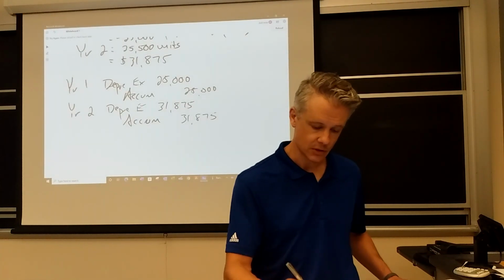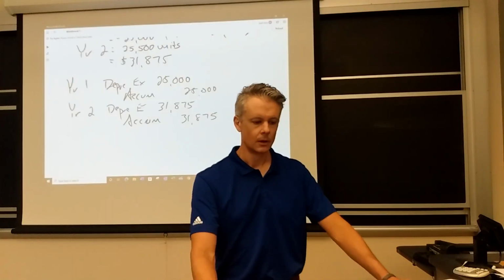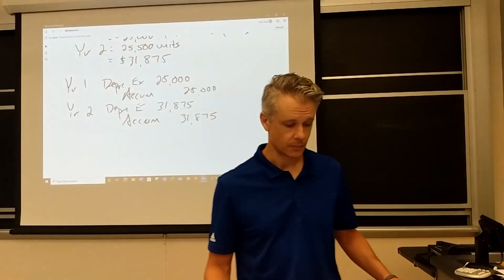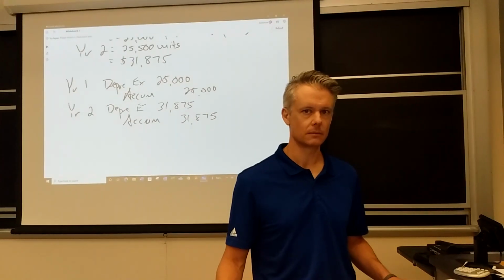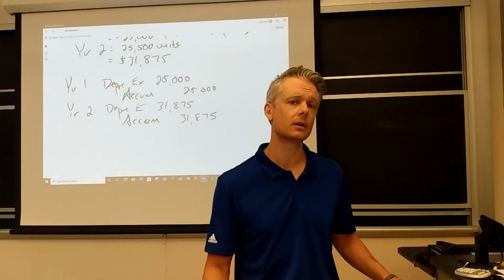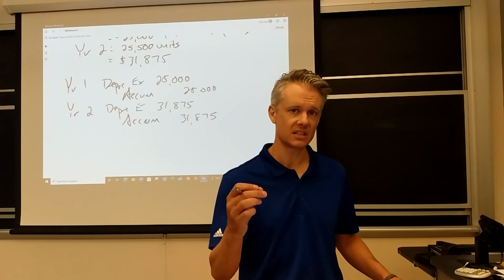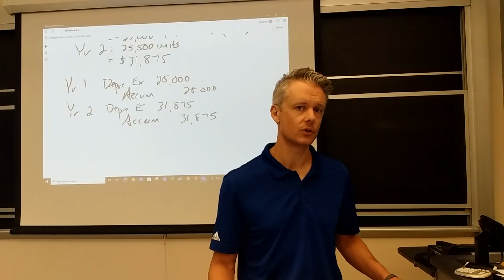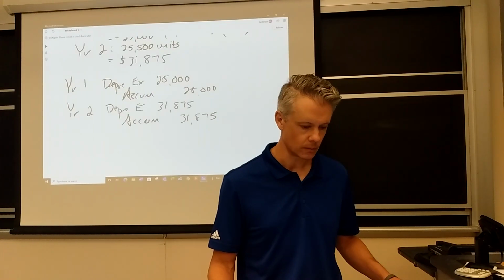I want to note, just as a reminder, for year two, depreciation expense on the income statement is $31,875. But accumulated depreciation on the balance sheet would be the sum of depreciation for year one and year two.